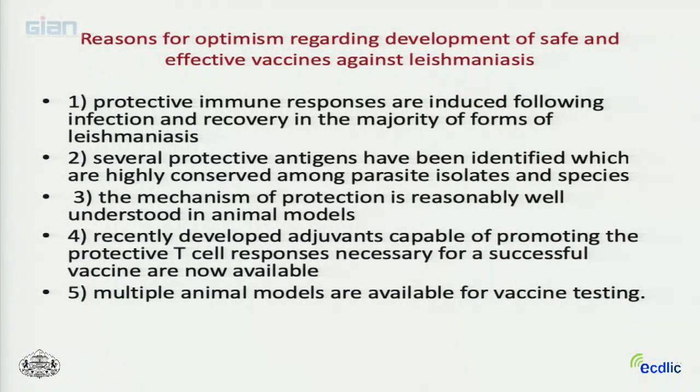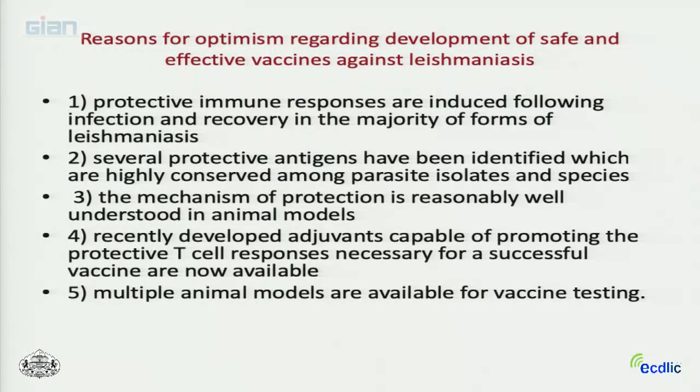So zoonotic cutaneous leishmaniasis, this experience of natural immunity acquired after a single infection, it was believed that, well, this should be one parasitic infection or one form of leishmaniasis that we should develop a safe vaccine against.